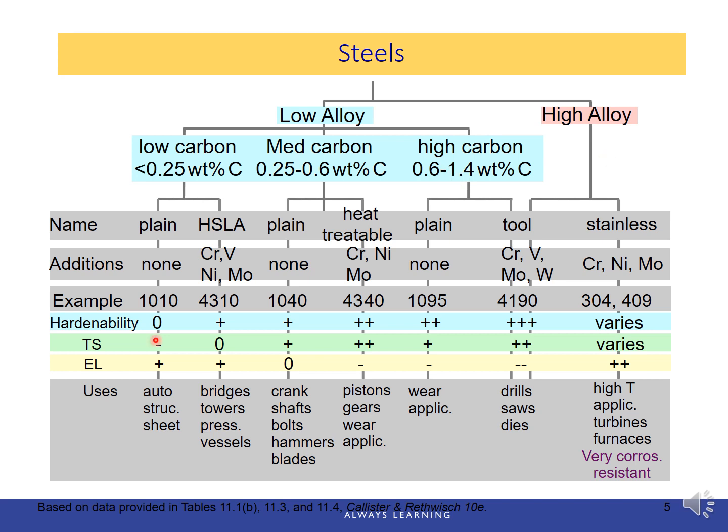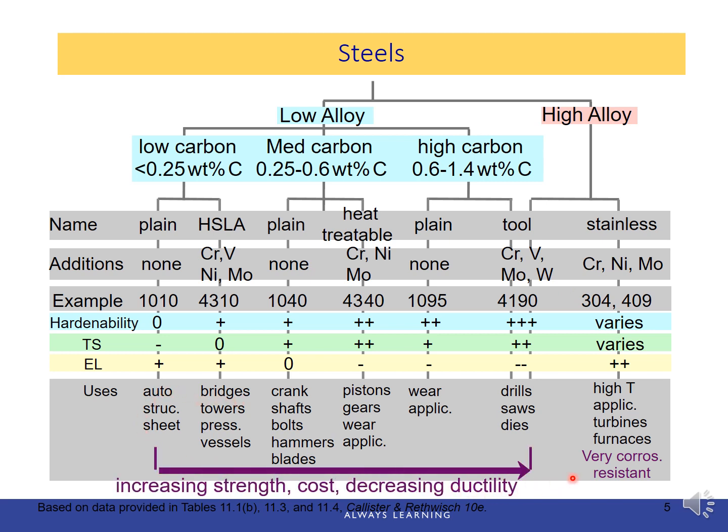They have different resultant properties because of the carbon content and the different alloy elements, so they can be used in different applications. So from low carbon to high carbon steel, there is increasing strength and cost, but decreasing ductility.